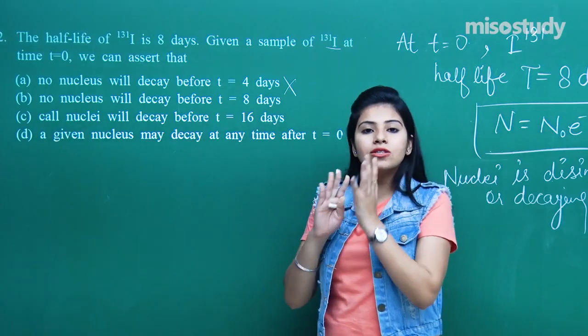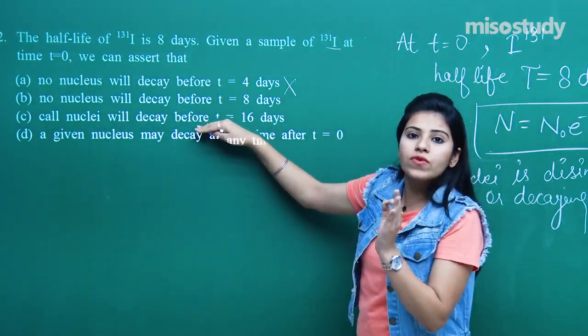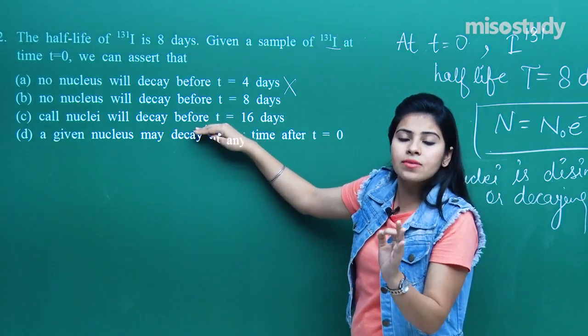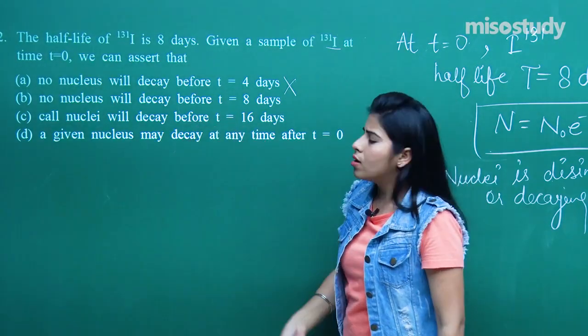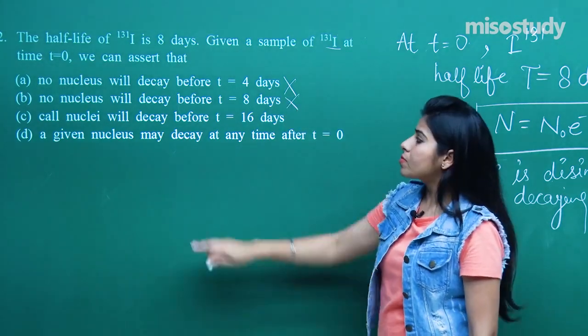That means it has no relation with the half-life. It will start from the very beginning, from t equals 0. So again it is a wrong option.